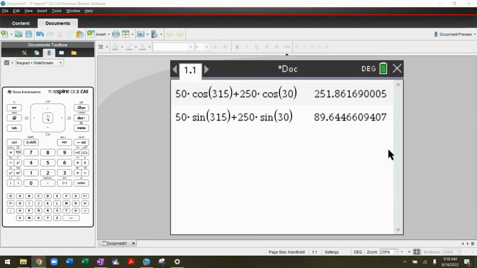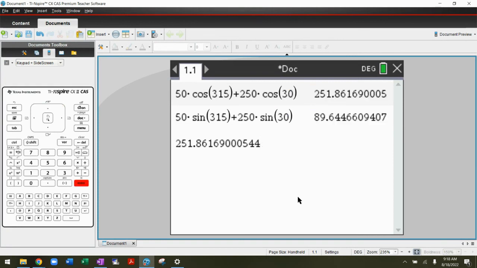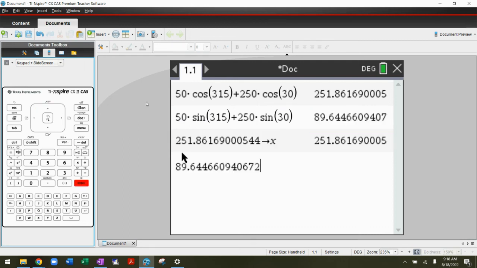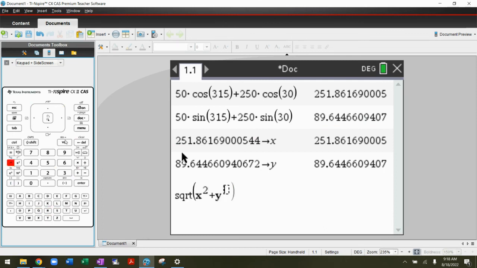Okay, I did the work on the calculator and I get 251.8 for my x component. I'm going to store that as x. And then when I combine the two original y components, I get a new y component of 89. So to convert this back to polar, I need to find its magnitude by taking the square root of x squared plus y squared.